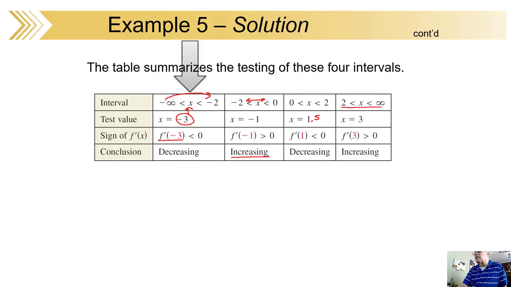And the fourth interval, pick anything you like. If you want to, you can pick a 13 or 130. It doesn't matter. Put it into your derivative to see whether it's positive, negative, or 0. And that tells you whether the function itself, that's f, is increasing, f is decreasing, f is increasing, f is decreasing.